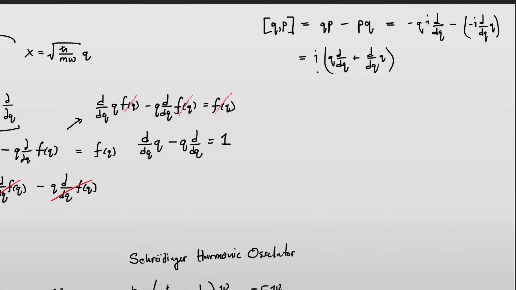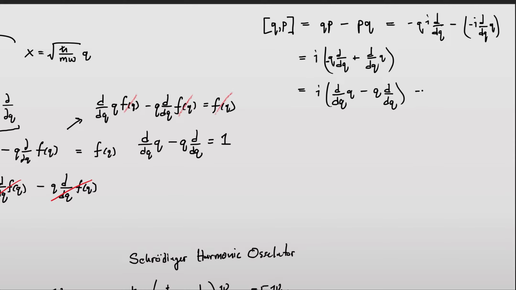Let's see, is that right? We take a negative out of there, so this is going to be negative right here. Okay, so if that's a negative, then we can rearrange this: d/dQ Q minus Q d/dQ.